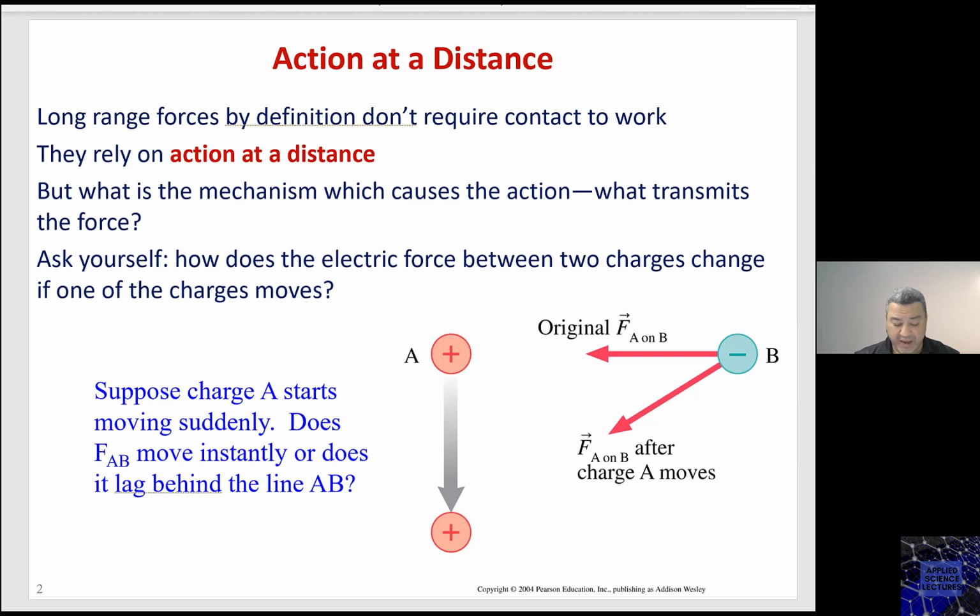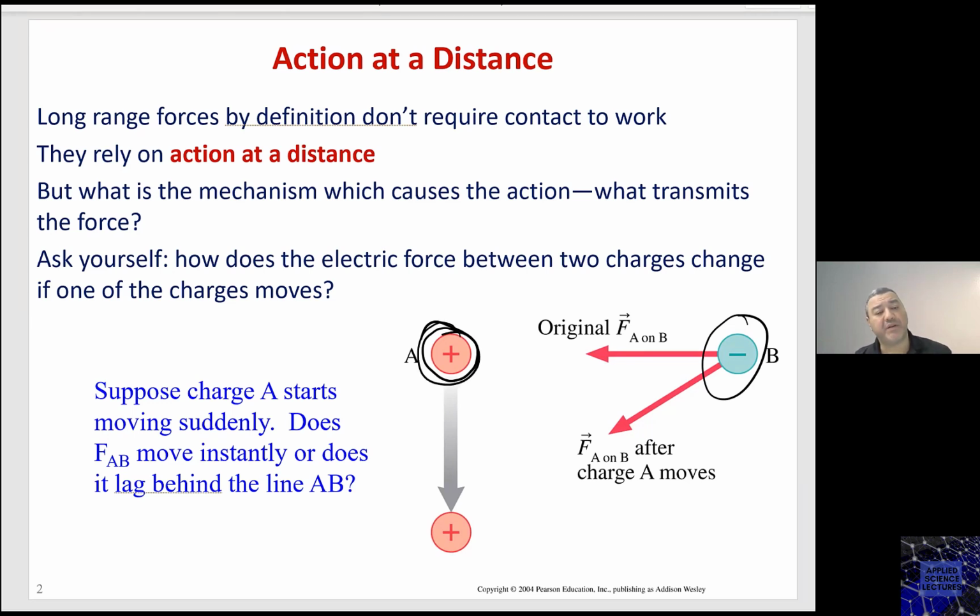For example, if I have this charge B that is a negative charge, and this charge A that is a positive charge. Based on Coulomb's law, I can calculate the force exerted by A on B, and I can see that this force is an attractive force because they are of opposite sign and they are directed toward the positive A this way.